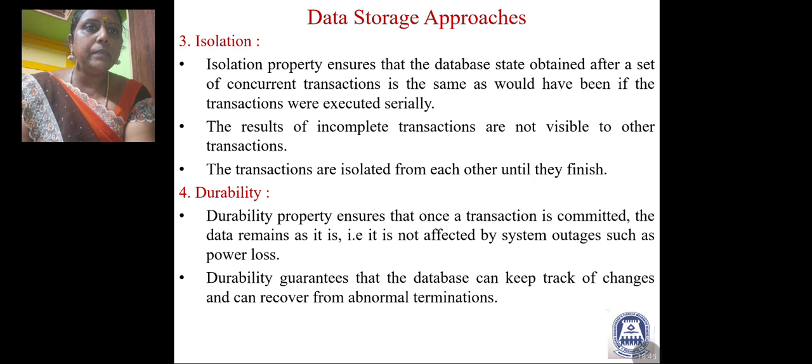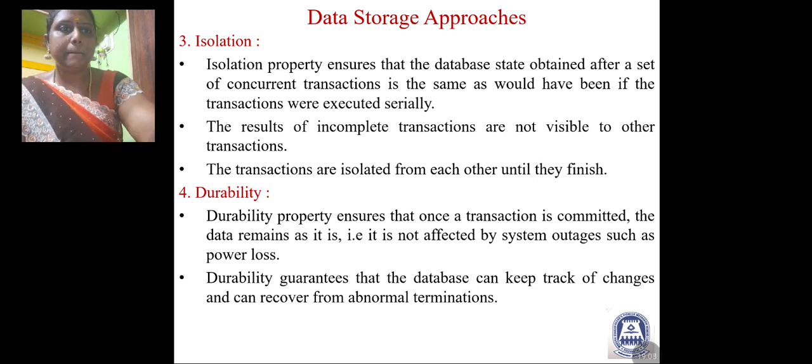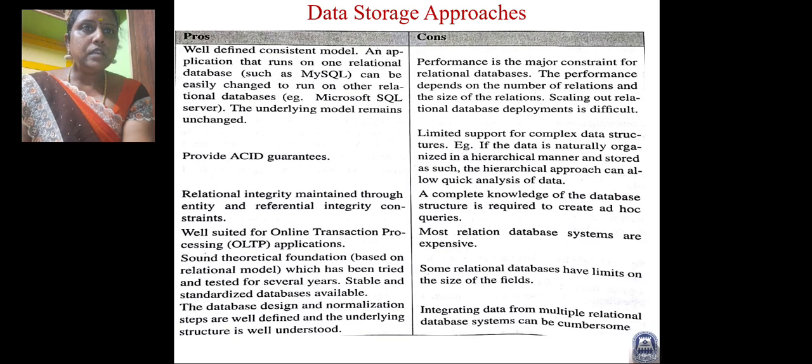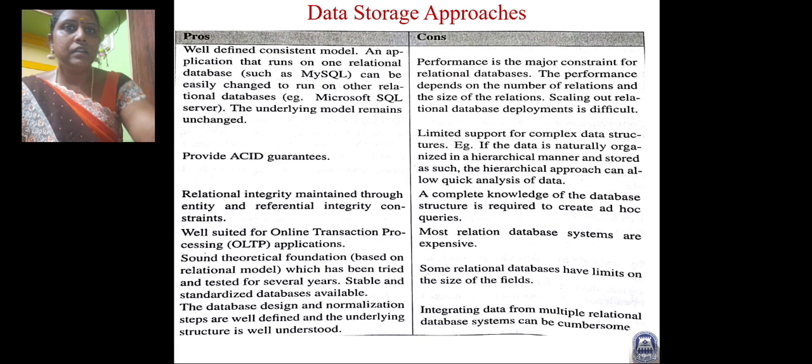Isolation is a property that the database state obtained after a set of concurrent transactions is the same as would have been if the transactions were executed serially. Durability ensures that once a transaction is committed, it persists. These are the pros and cons.